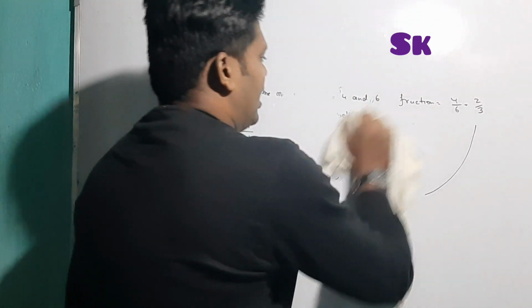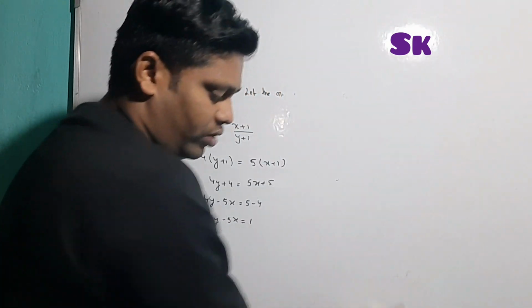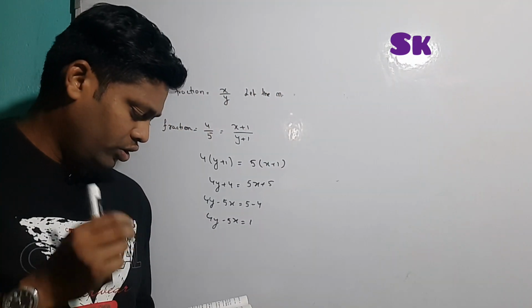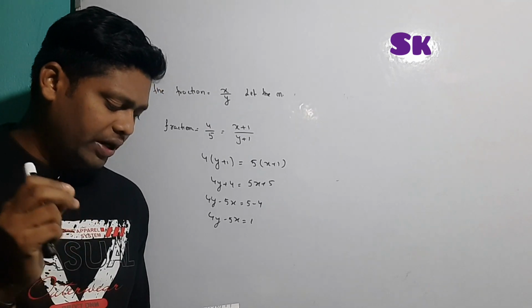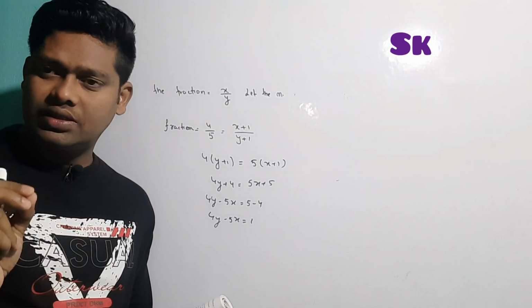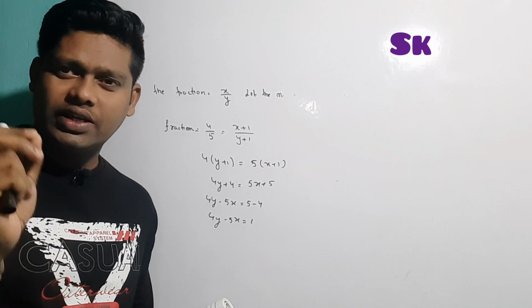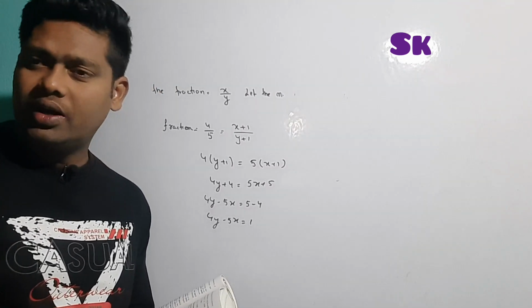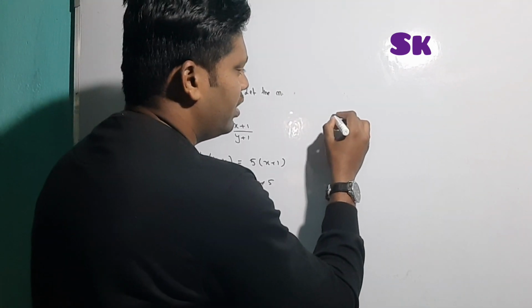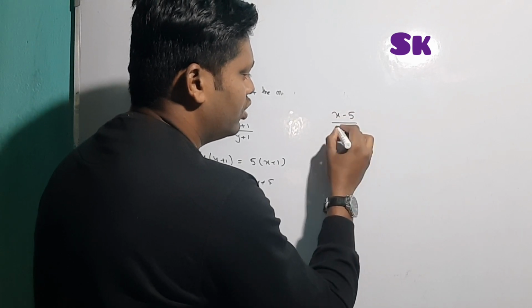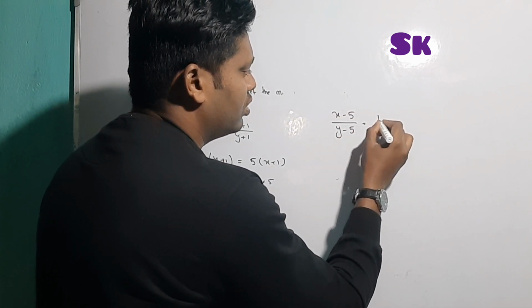Now, after this, again they are saying something in the question. What are they saying? You subtract 5 from the numerator and denominator. Again, the numerator was x, the denominator was y previously. Now they are saying you have to subtract 5 from both the numerator and denominator. So it will be x minus 5 and y minus 5. It will be equal to 1 by 2.